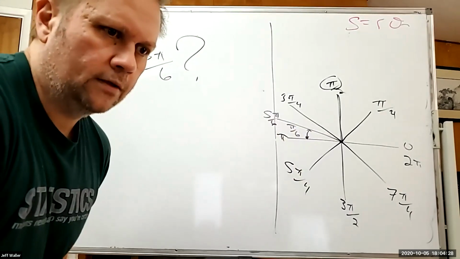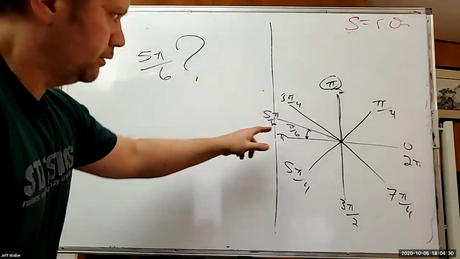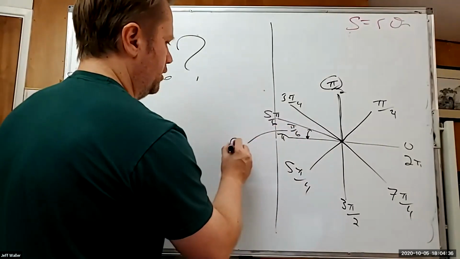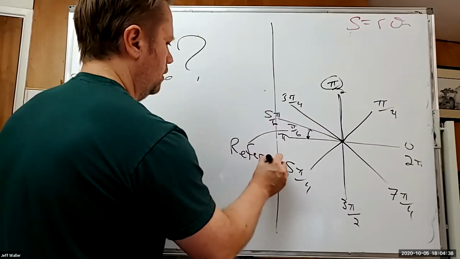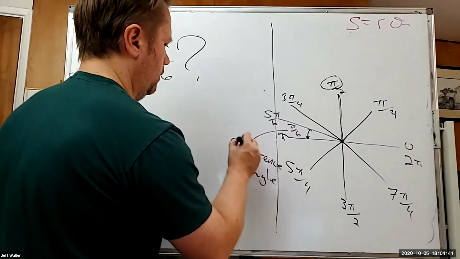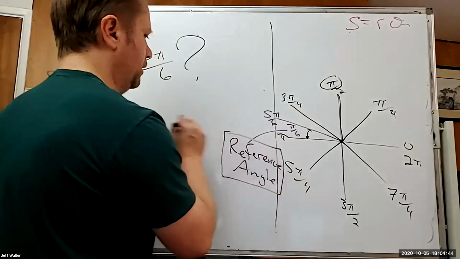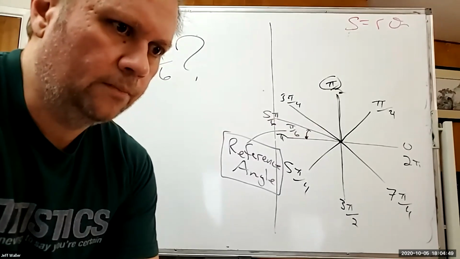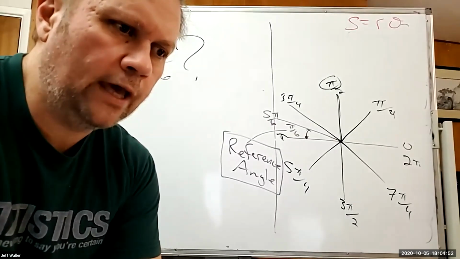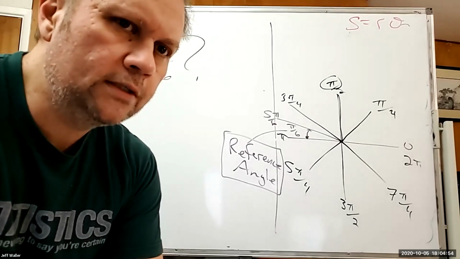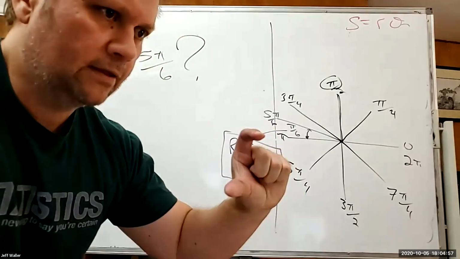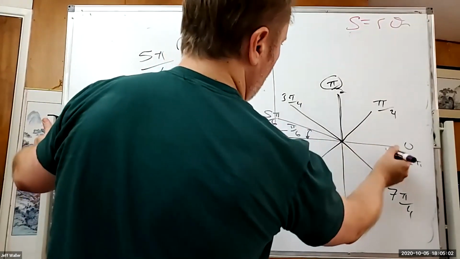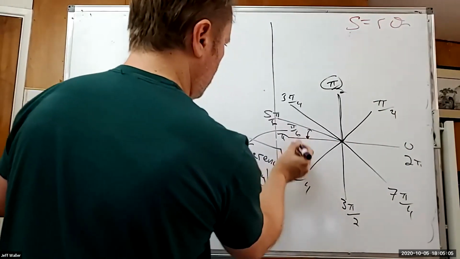Let me stop for a minute. This little dude is going to become very important. This is what's called a reference angle. These are going to rule a big chunk of our life very soon. The idea of a reference angle: it's always in reference to the x-axis, the closest it can get to the x-axis. So something over here is going to be in relation to the positive part, and something over here is going to be in relation to the negative part.